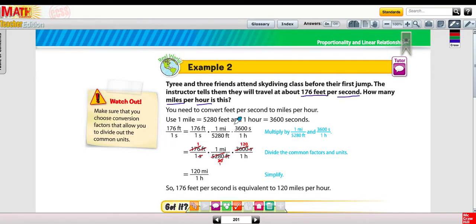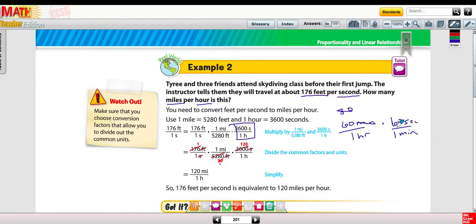You can memorize that there are 3,600 seconds in 1 hour, or you can do that the long way and say that there are 60 minutes in 1 hour times 60 seconds in 1 minute.